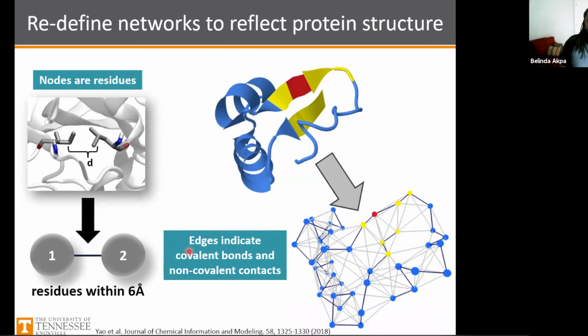And so the new network that we're going to define is going to have each node be a protein residue. And each edge is going to indicate whether or not the residues are in close proximity to each other. That proximity might be because they're bound together covalently, or it might be because in the 3D structure of the protein, the folds bring those residues quite close together.